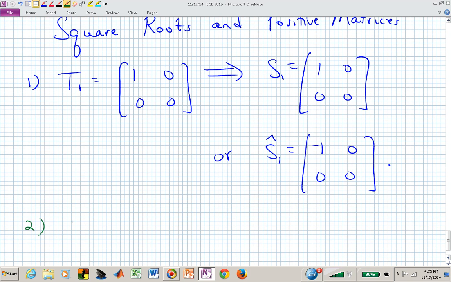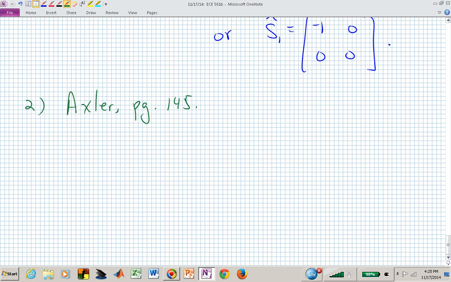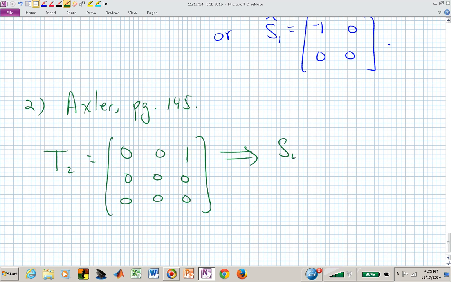Two. This one's in the book on page 145, maybe not written out as a matrix, but maybe as a linear operator. Suppose t sub 2 is now 0, 0, 1, 0, 0, 0, 0, 0, 0. A square root of that has an all 0 first column, a 1, 0, 0 second column, and a 0, 1, 0 third column.